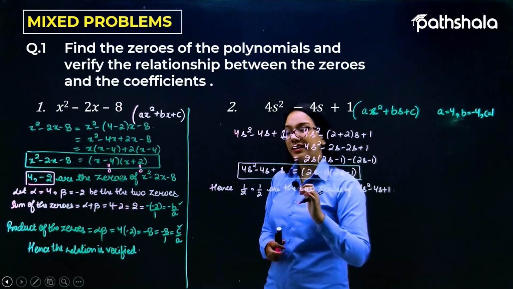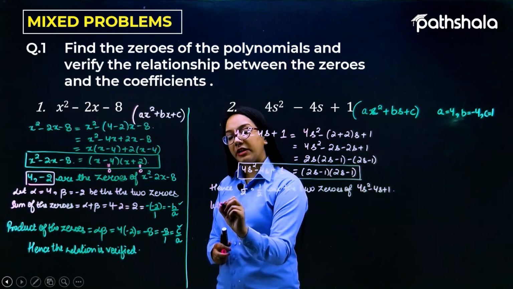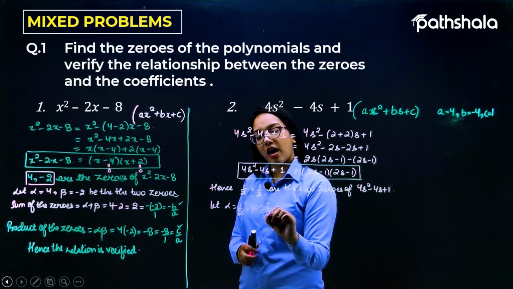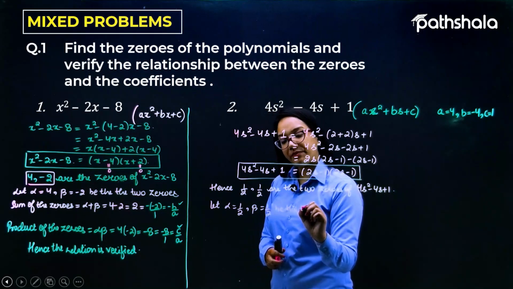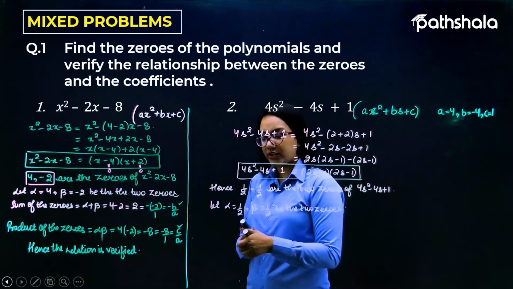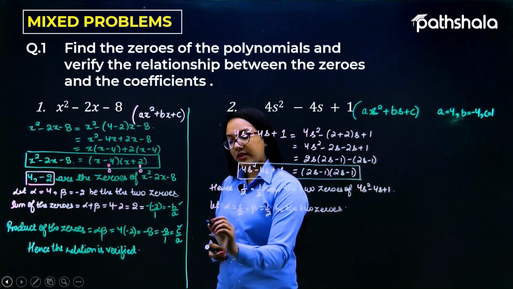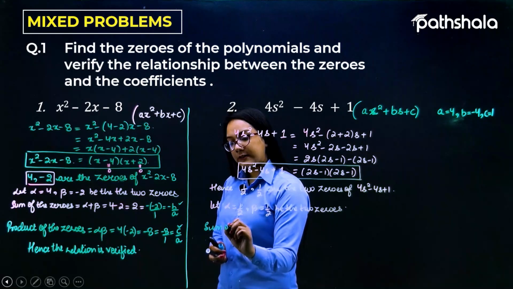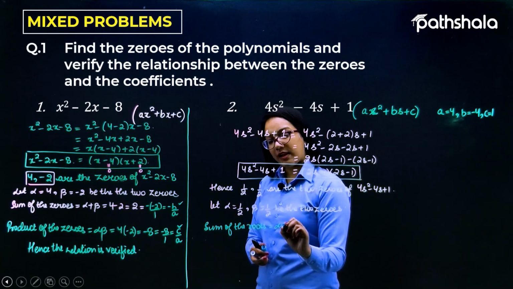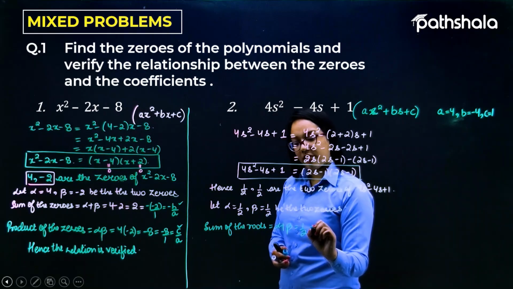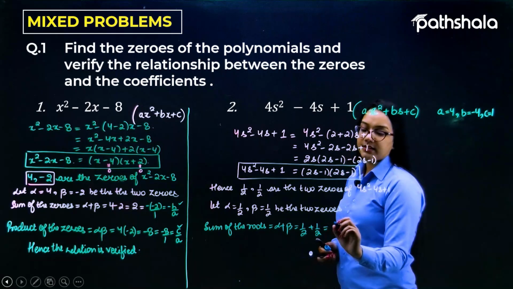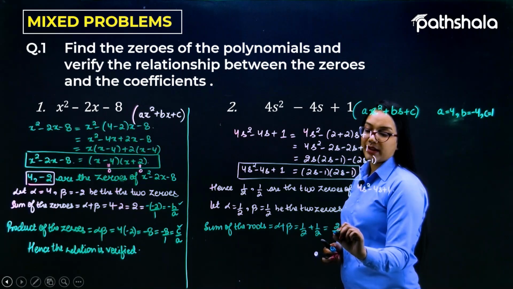So let us suppose we are taking them as alpha and beta. So let alpha is half and beta is half be the two zeros. So let's verify the relationship. Sum of the roots is equal to alpha plus beta, which is equal to half plus half, which, when we take the LCM, is equal to 2 by 2.